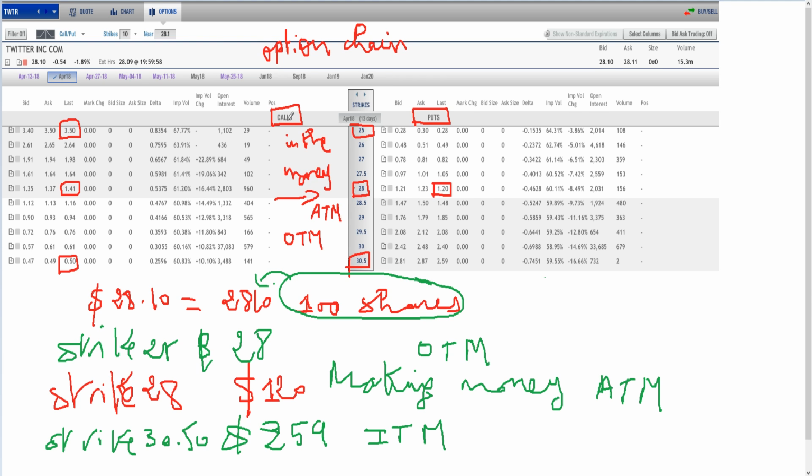If you think that the stock will go up, you buy calls. If you think that the stock will go down, you buy the puts option contract. It is so easy. Don't think that this is very, very difficult. Whenever you buy or you sell, it's very easy, so it's not a big deal.